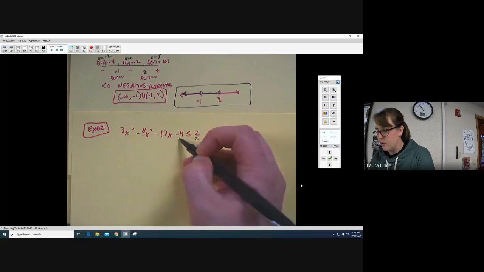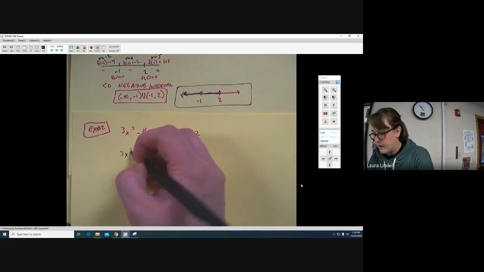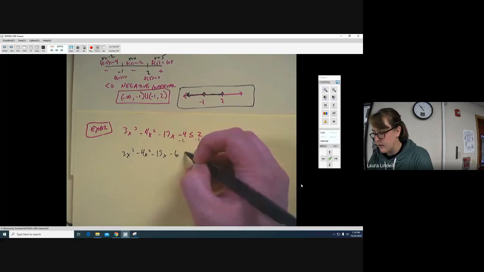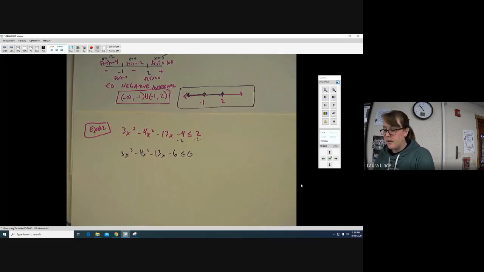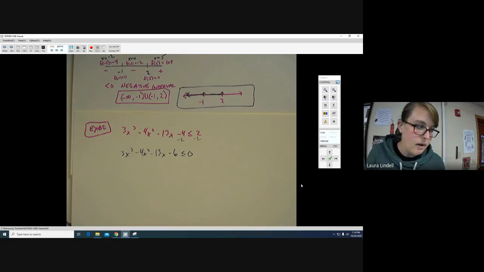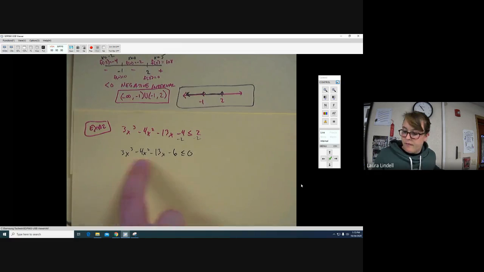So minus 2 on both sides, we get 3x to the third minus 4x squared minus 13x minus 6 is less than or equal to 0. This time we have a less than or equal to, so we don't have to worry as much about the different possibilities of excluding a value in our interval. Okay, so here we go. Personally, what I would do here is go and graph this.